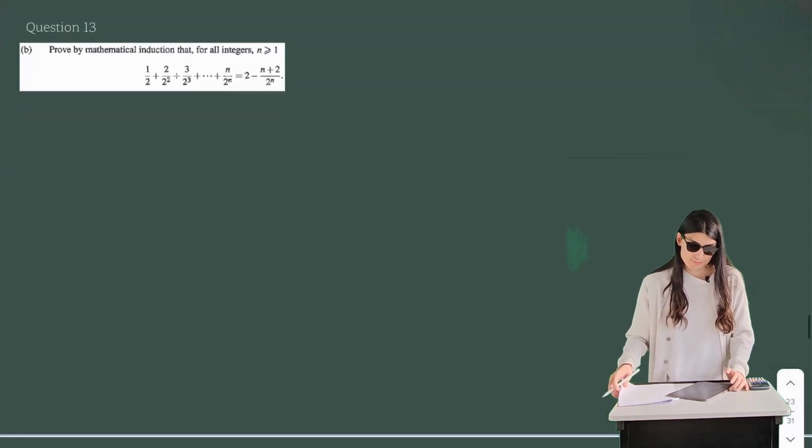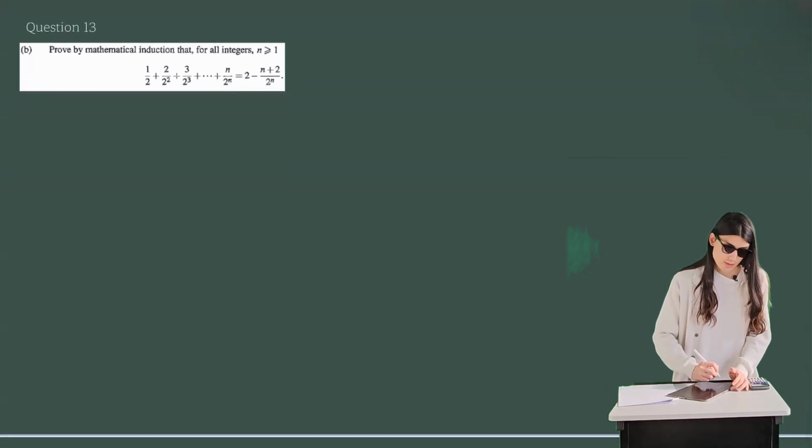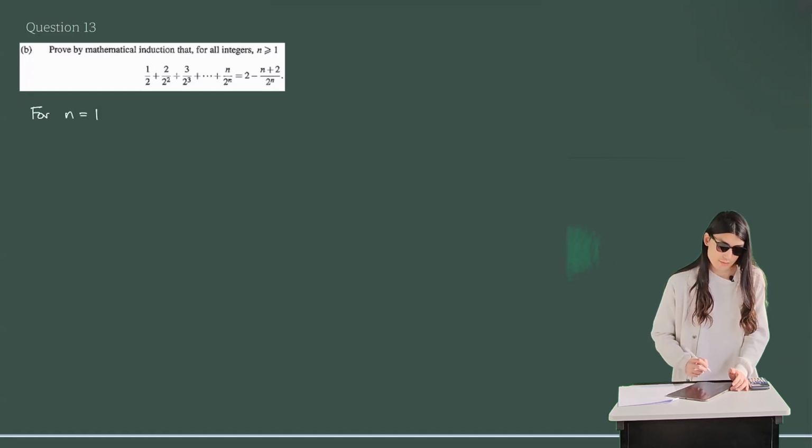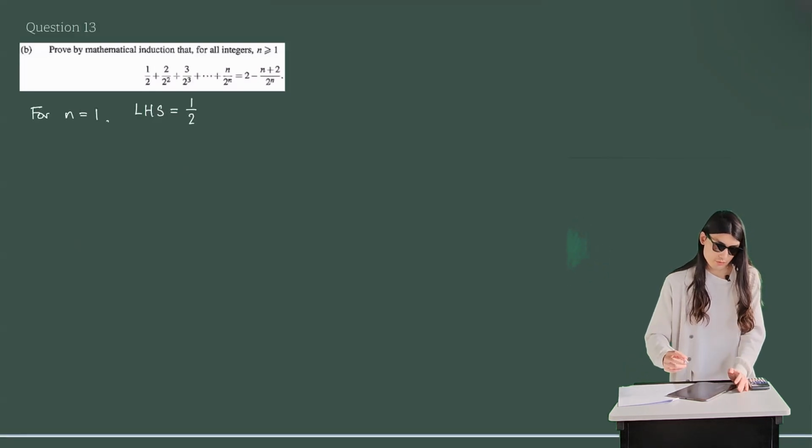Next, induction. Starting with n equals 1. When n equals 1, left hand side, when this n over here is equal to 1, you get your first term, don't you? 1 over 2 to the power of 1, which is half, right? 1 over 2.